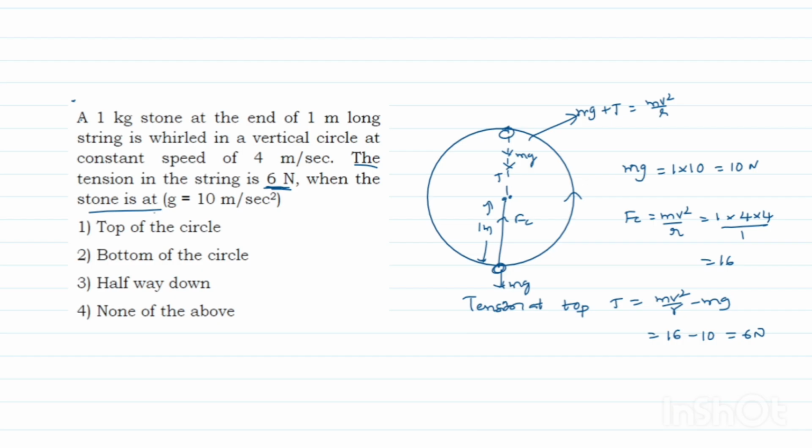Whereas tension at the lowest point, Fc plus mv square by r, will be supported by the weight of the body. This is the tension force, and tension is going to be acting towards this side.